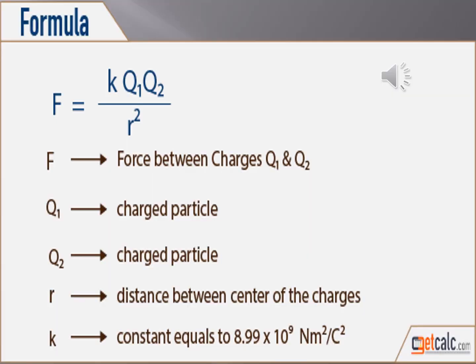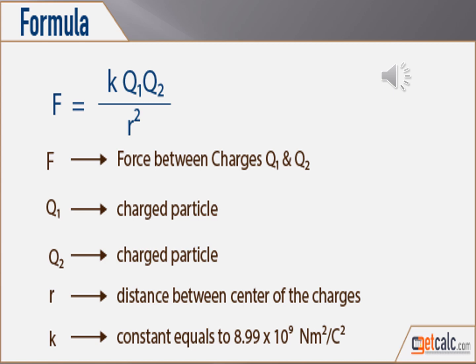So the formula is F directly proportional to q1 q2 and inversely proportional to r squared. Removing the proportionality and adding a constant k, where k is the constant of proportionality, F equals k q1 q2 divided by r squared.